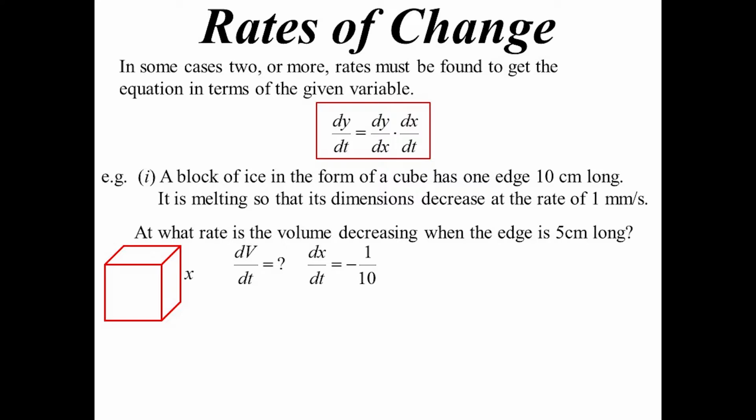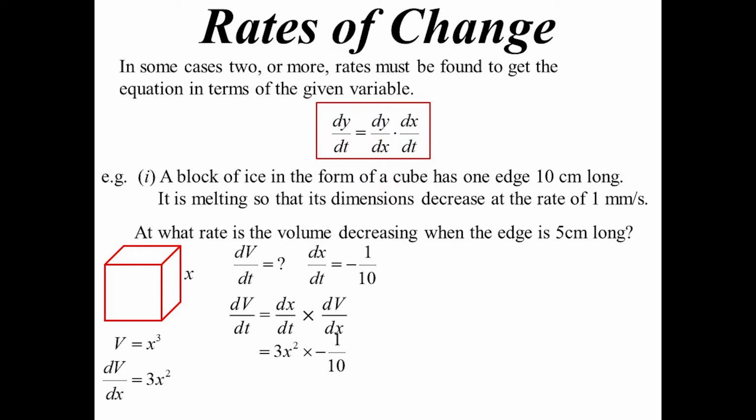So I want to find dV/dt. I've got dx/dt. So if I could link volume and the side length and come up with an equation for that, we can complete our rate. Well, of course we can. Volume of a cube is just x cubed. And so I could find dV/dx by differentiating. We get 3x squared. We can sub that in, and we come up with a relationship there.